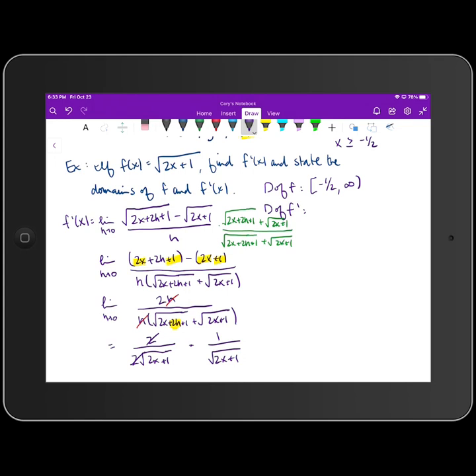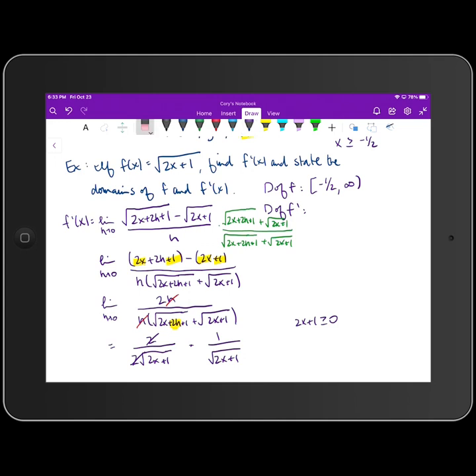Now, if we want to find the domain of that function, there are two things we have to worry about as far as domain is concerned. Number one is what's underneath the argument has to be greater than or equal to 0. And secondly, because that's part of a rational function, our denominator cannot be equal to 0.